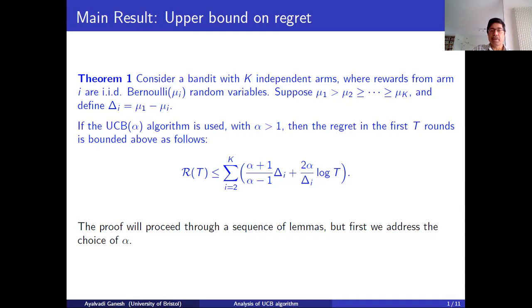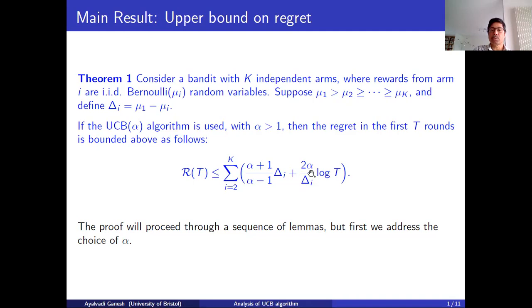And the proof, we'll break up the proof into a number of lemmas, but first we discuss how we should choose alpha. So if you look at these two terms, the second term is increasing in alpha. A bigger value of alpha means that the regret grows more quickly with t.